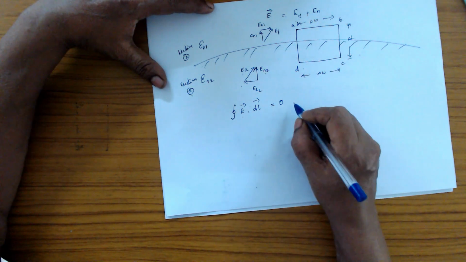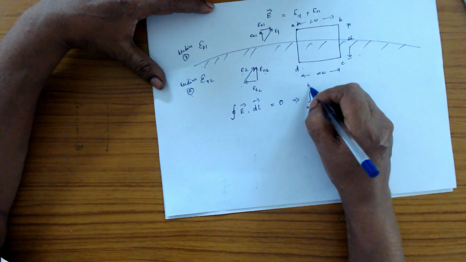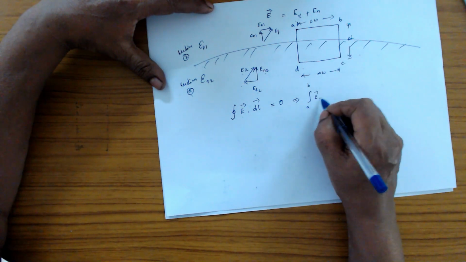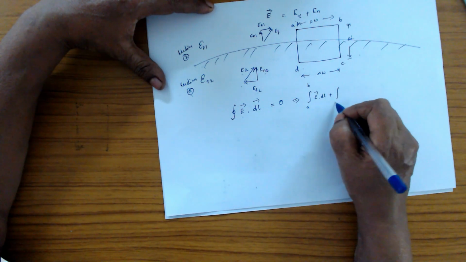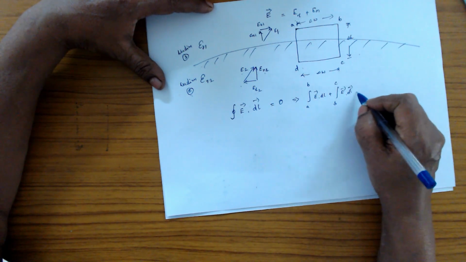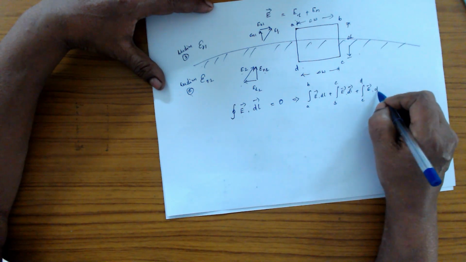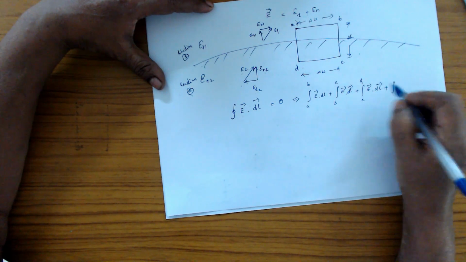So I can write it as the integration from A to B of E dot dl, similarly B to C, E dot dl, then C to D, E dot dl, and similarly plus D to A.